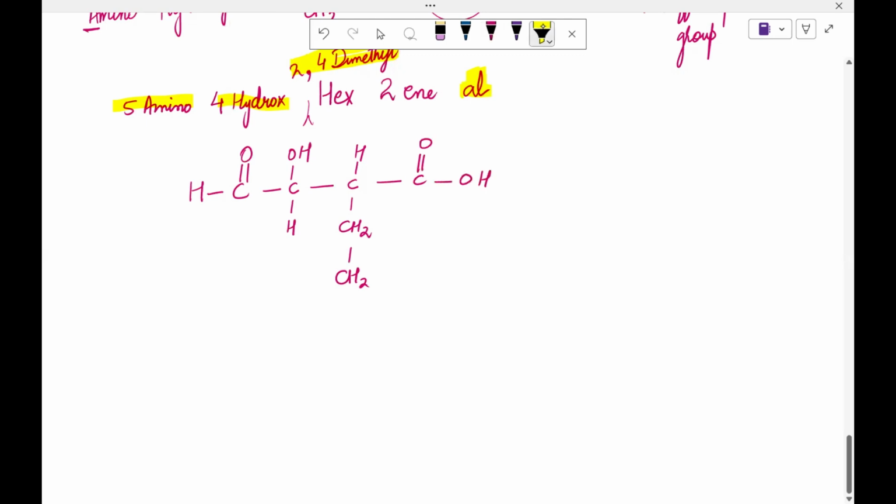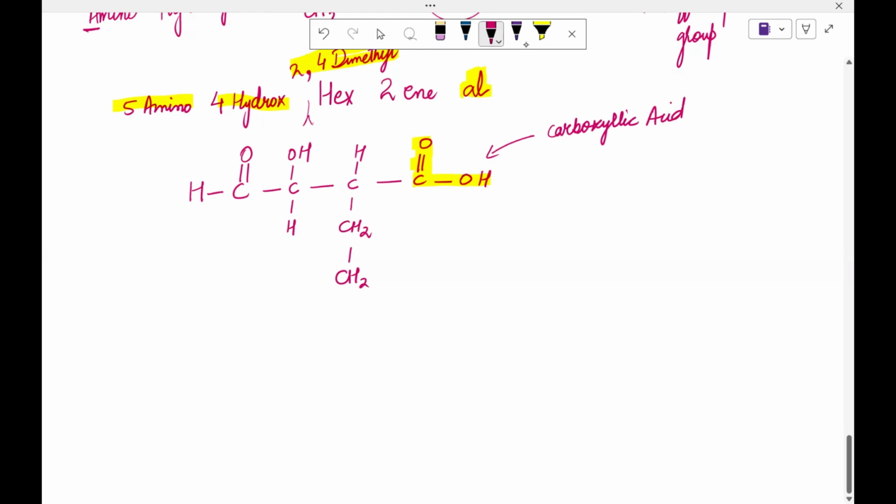First of all, let's find out where the chain would start. Let's find out first of all the functional group. So this is a functional group. What is this functional group called? This is alcohol, the OH. No, that is carboxylic acid. This is C double bond O OH.